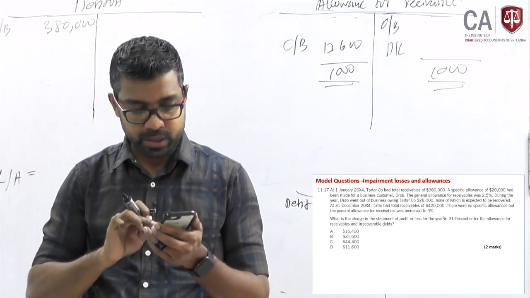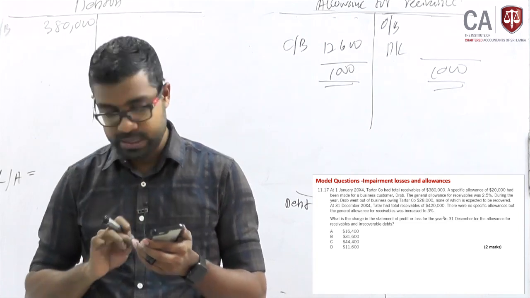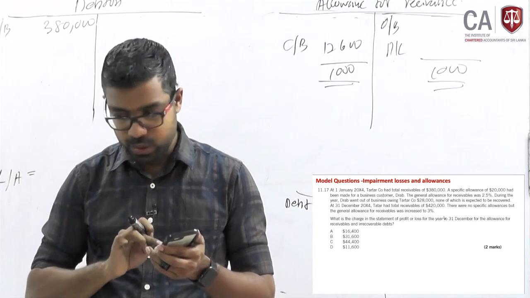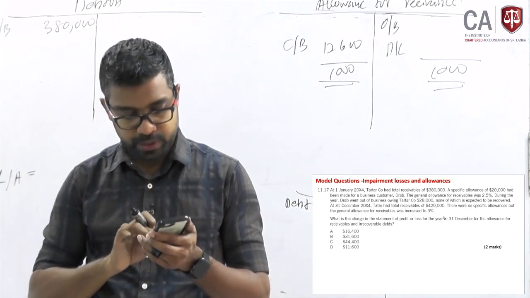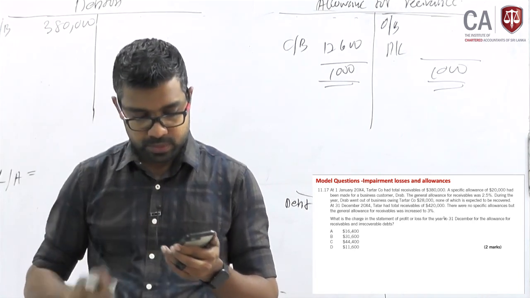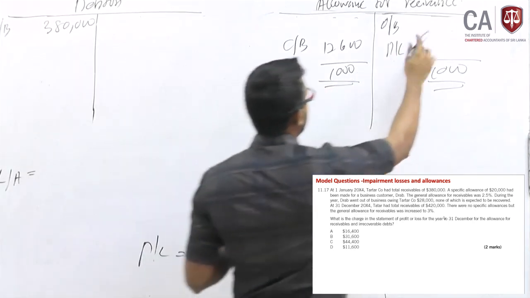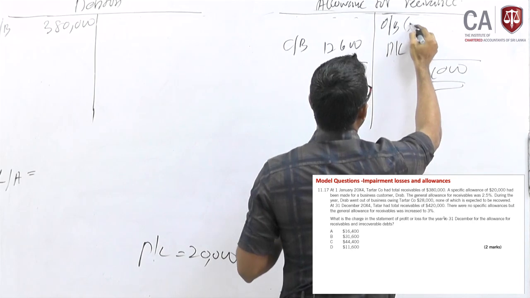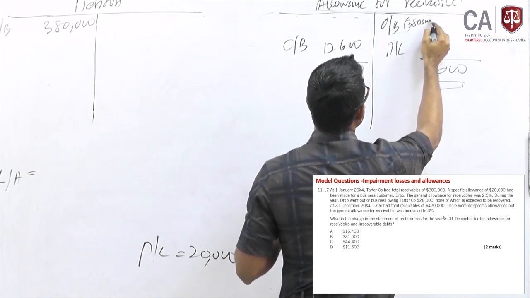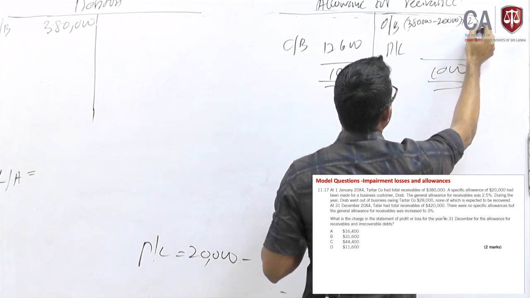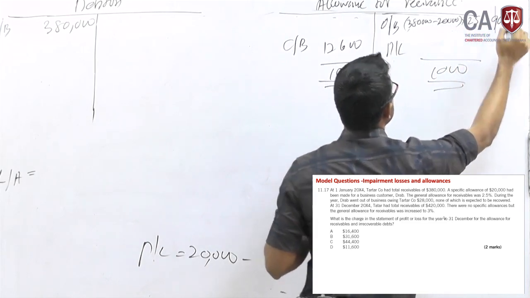Now I believe you know how to calculate, since we have done many examples. Times 2.5%, 9,000. Opening balance, how do you calculate? 380,000 minus specific times 2.5%, so 9,000.